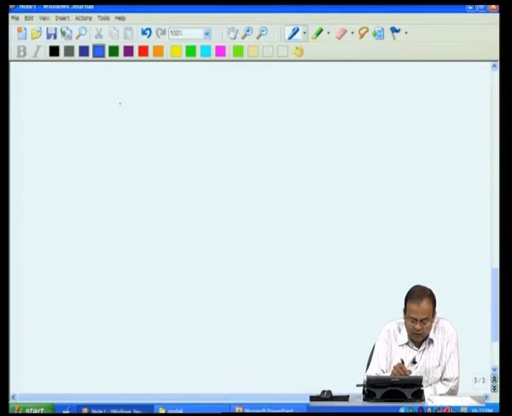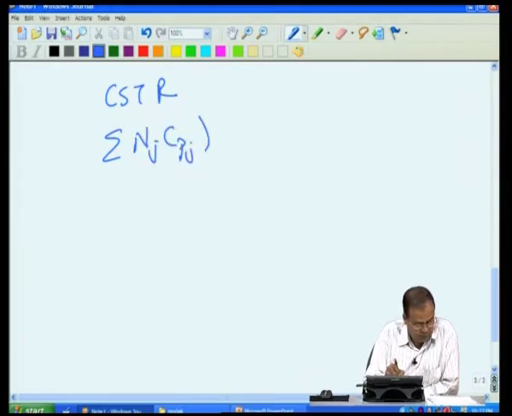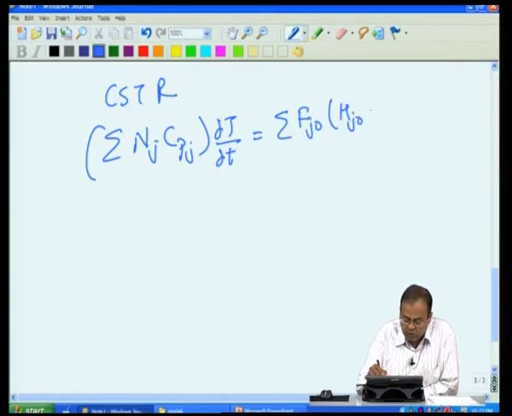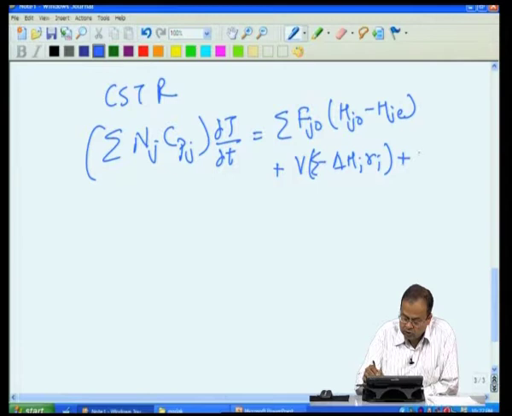So, for CSTR we wrote the energy balance as Nj Cpj dT/dt equal to summation Fj0 Hj0, that is enthalpy of stream coming in, plus V summation minus delta Hi Ri, plus Q which is UA into Tr minus T.